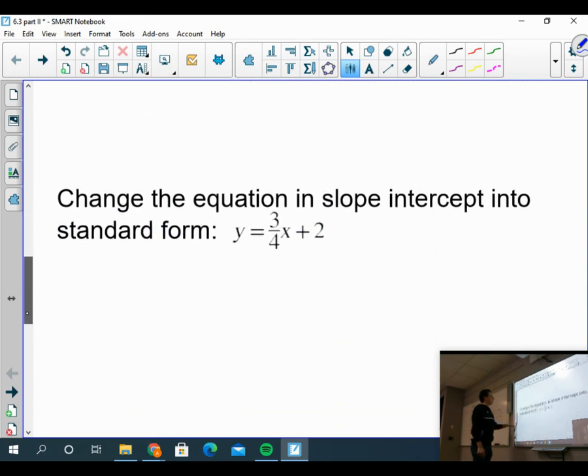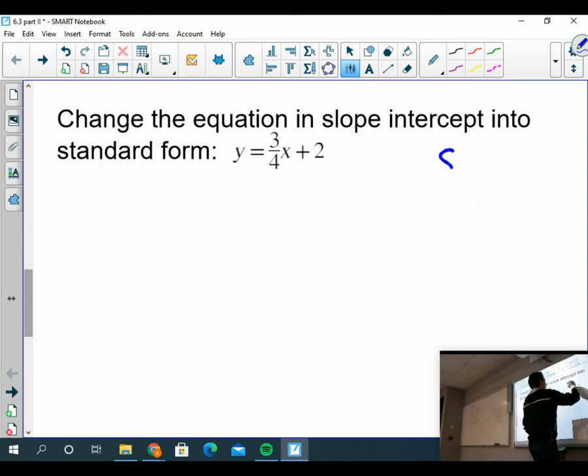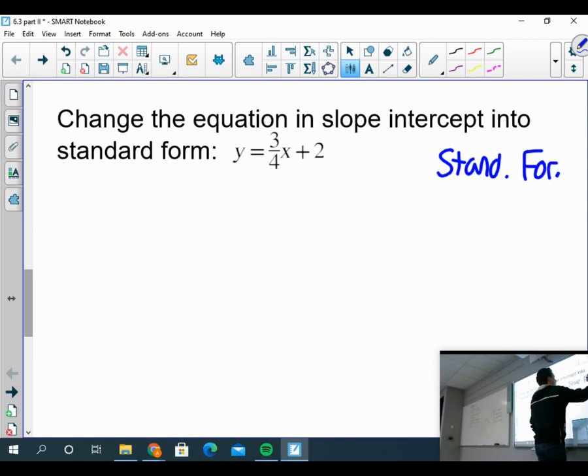Okay, now that we have had plenty of practice at graphing in standard form, we're going to transition into the next level of things. We've learned all about standard form, which is ax plus by equals c.